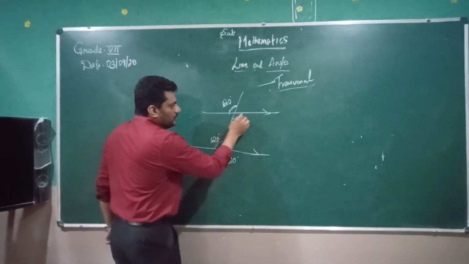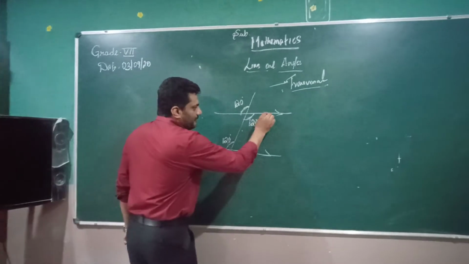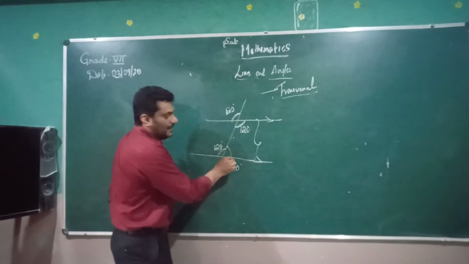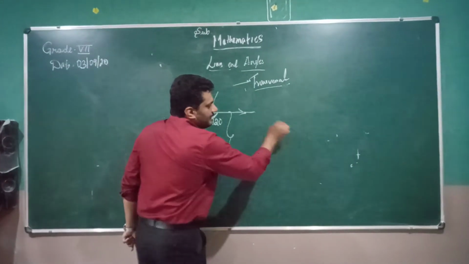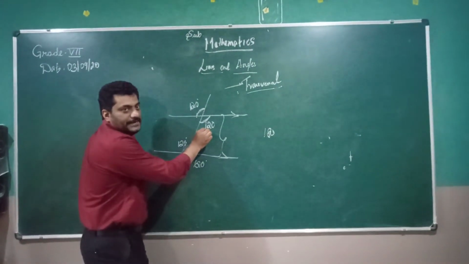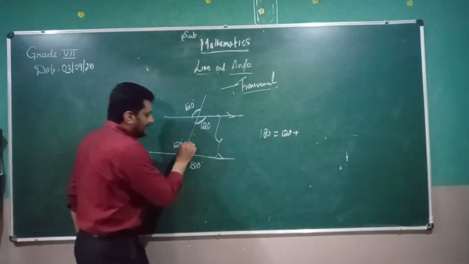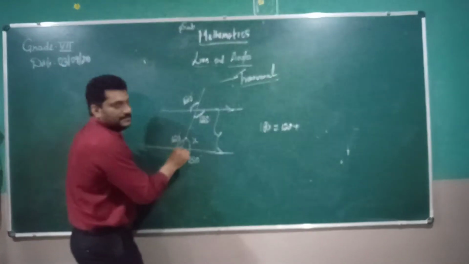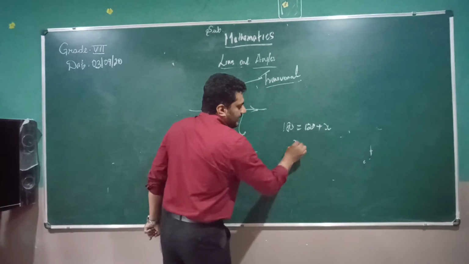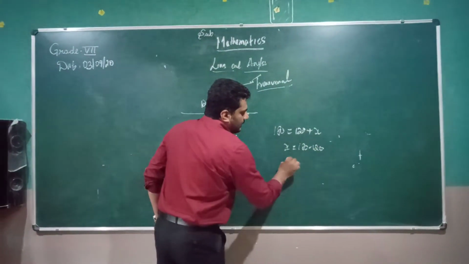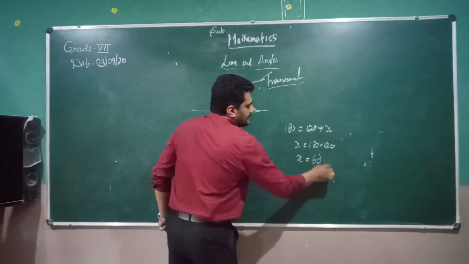Now, as I told you about the co-interior, when I add these two angles, I should get 180 degrees. But I have only 120 here, and this angle I don't know, which is x. So x will be equal to 180 minus 120. x is 60 degrees.